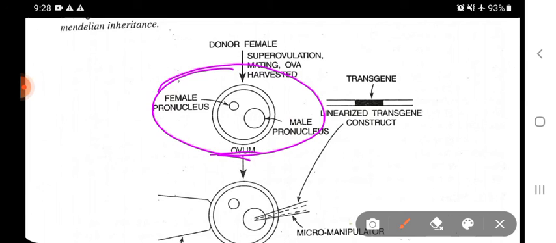Like here we use a fertilized egg, a fertilized embryo, to insert our gene of interest within it, and to deliver that transformed embryo into a foster mother or surrogate mother, who finally causes that ovum to divide and grow into a new baby transgenic animal, having our desirable gene properly expressed.